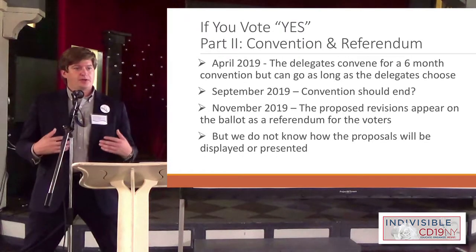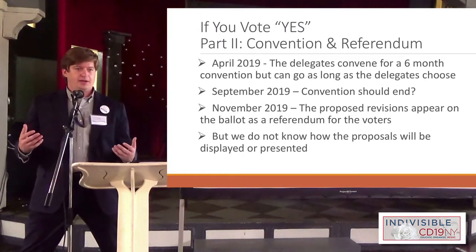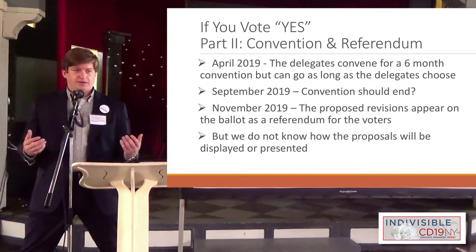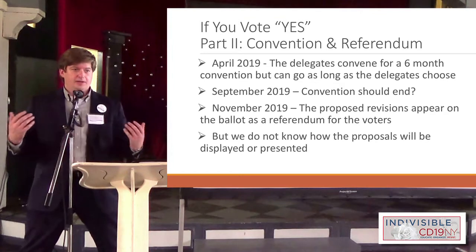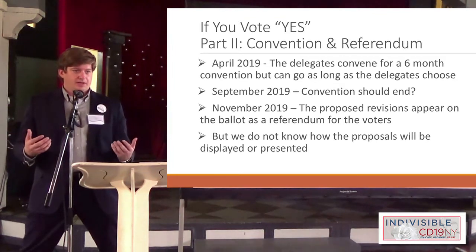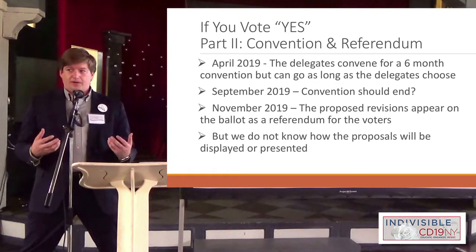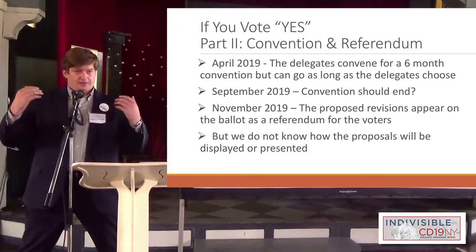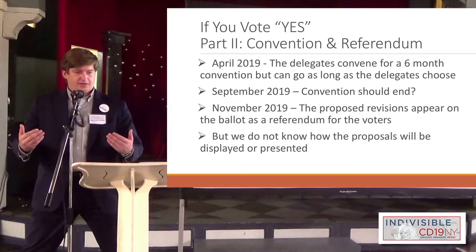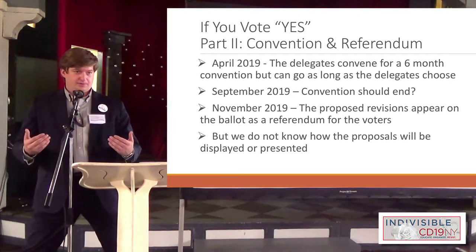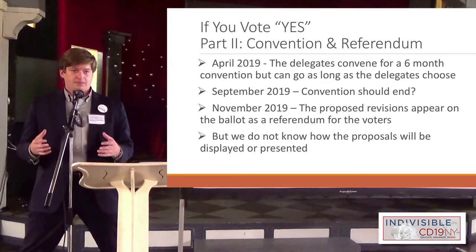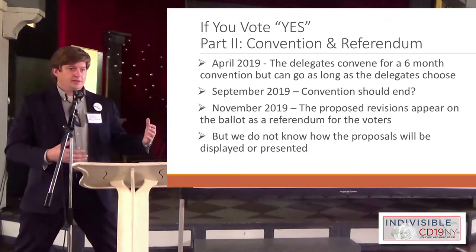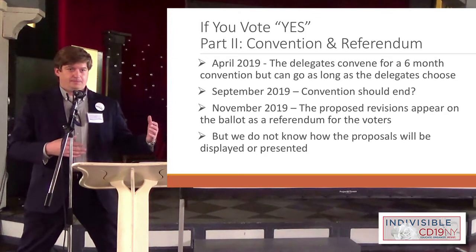The convention gets to write their own rules, how they operate, elect their own officers, and if they decide they can't get it done in 6 months, they can extend it if they like. But if all goes well, they finish their convention process in September 2019, and then whatever they come up with goes on the ballot in November 2019.